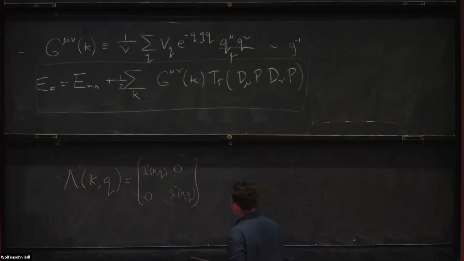Let me make one further approximation, which is exactly the approximation I made. I'm going to assume that the quantum metric is proportional to the identity.